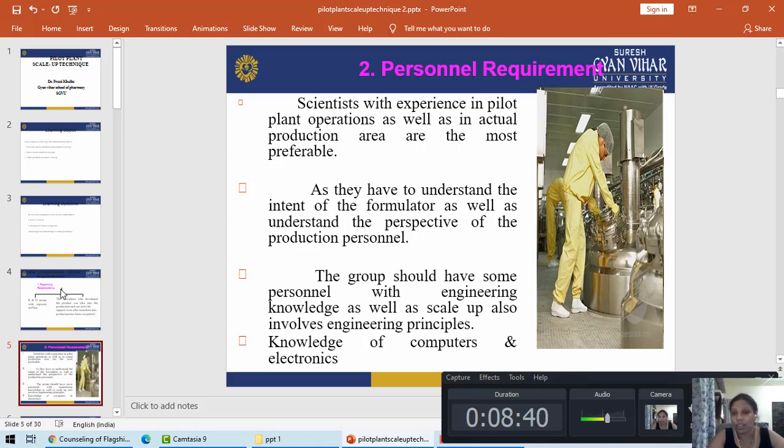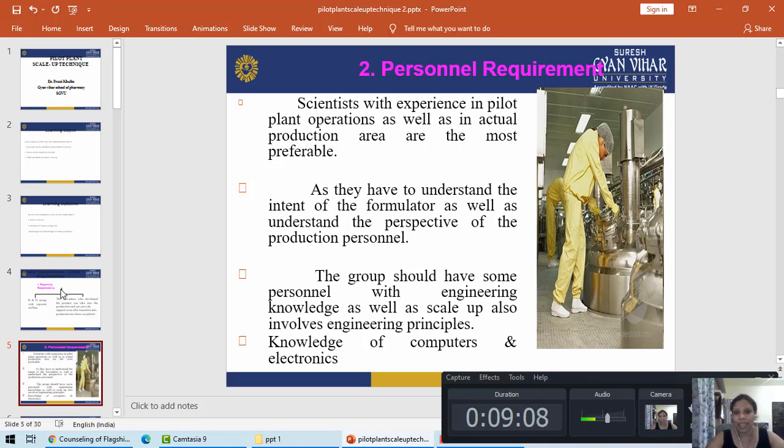So what are the personnel requirements in the pilot plant? Personnel are always required in a company. It may be less or more as per the automation of your machines, but the requirement of personnel should not be avoided.